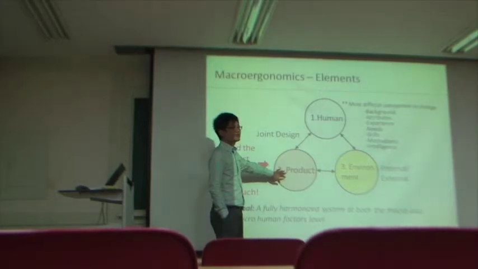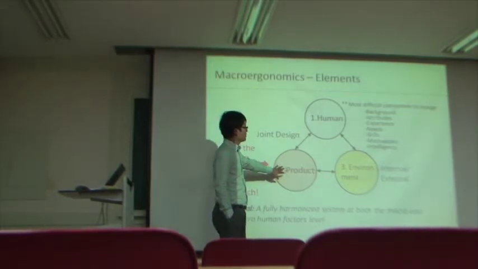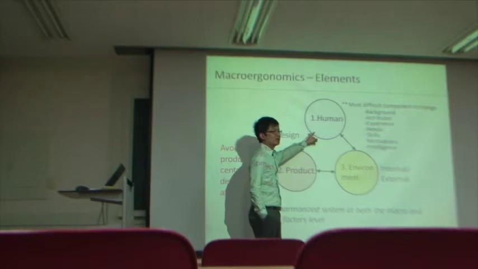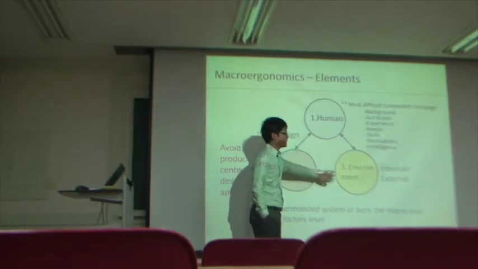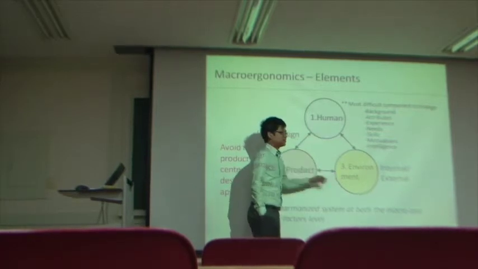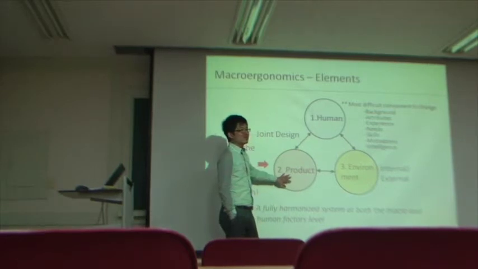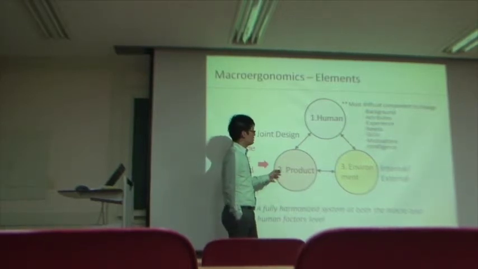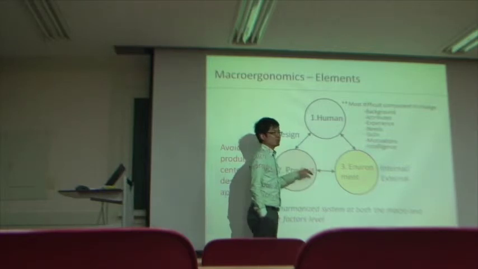But if we are designing a touch point without considering humans' capabilities, limitations, or the environments associated with the touch point, it's very likely we will fail. So it's very likely we cannot design a good touch point. So you can see there are some interactions between them.